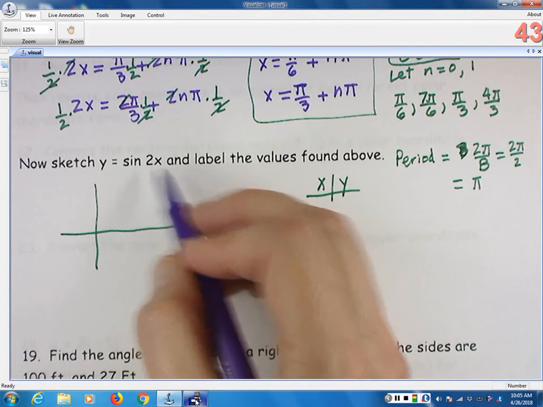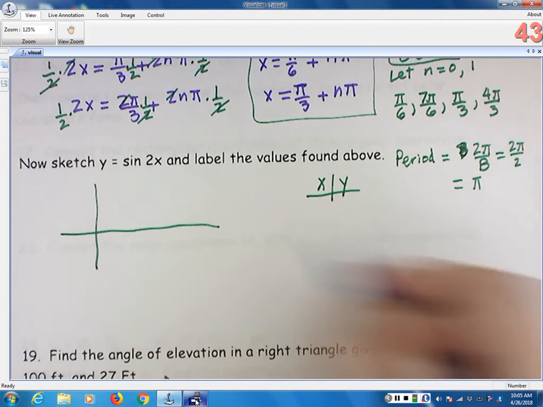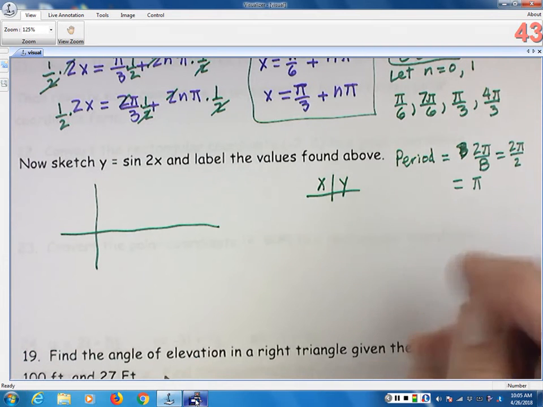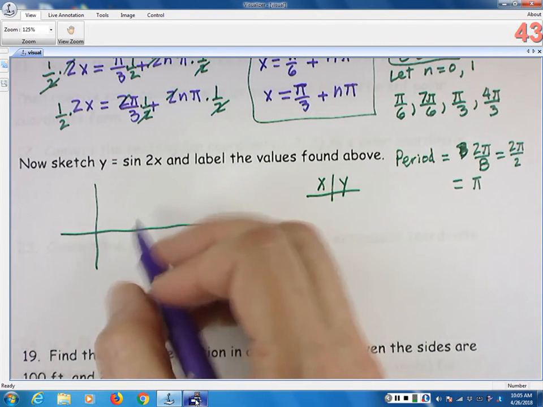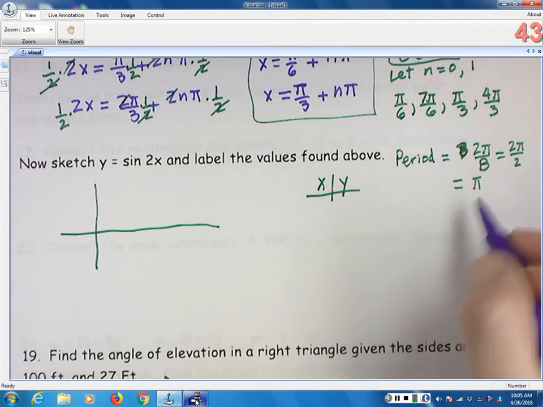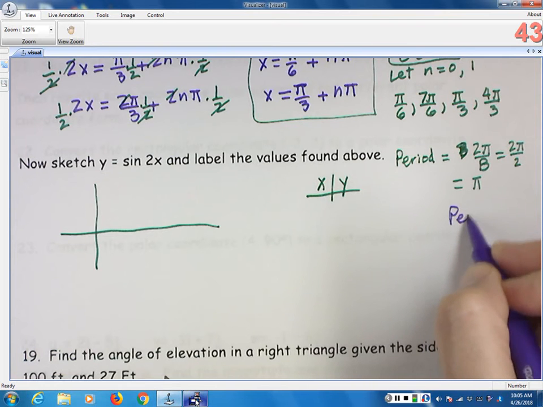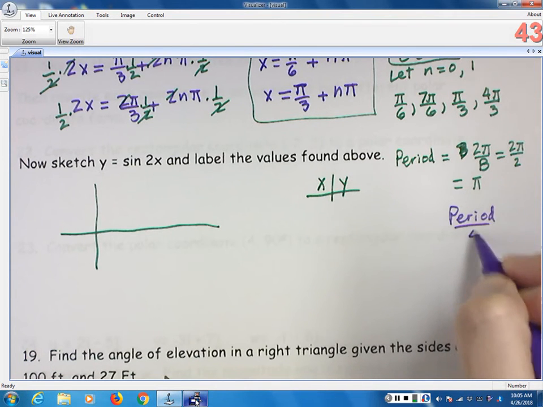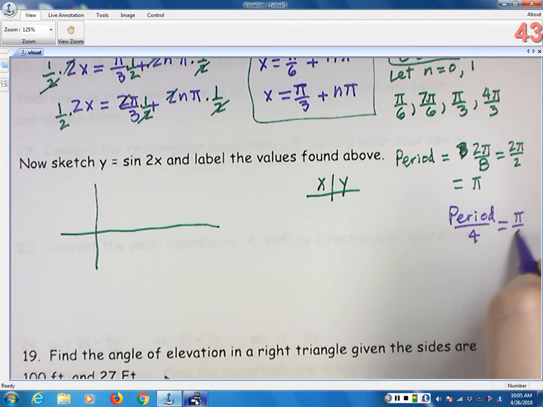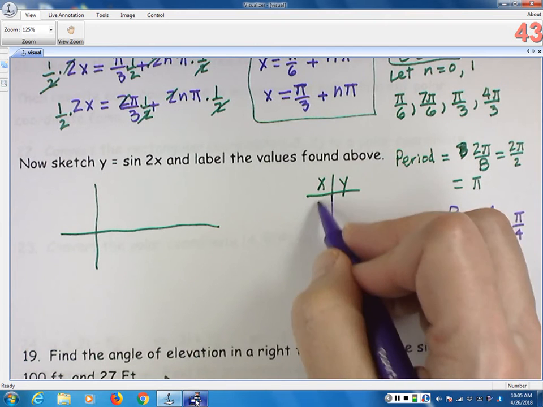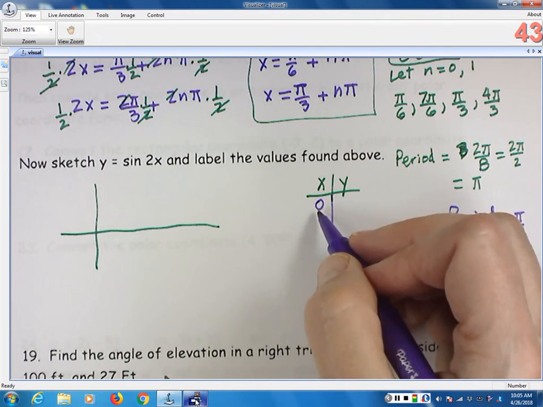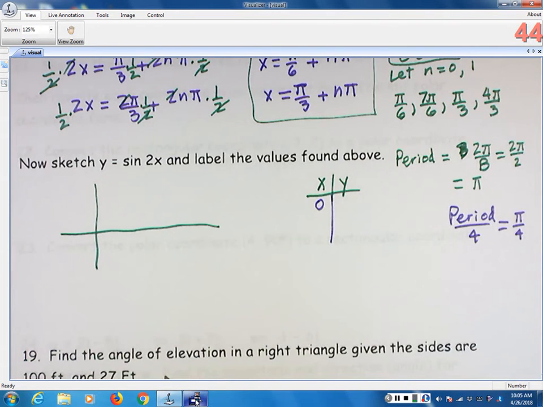It's actually a regular sine. It's going to be half of sine of x. The period is half. If the period's half, then the period divided by 4 is pi over 4. So your 5 key points, you start at 0 because there's no phase shift. Then you add pi over 4.